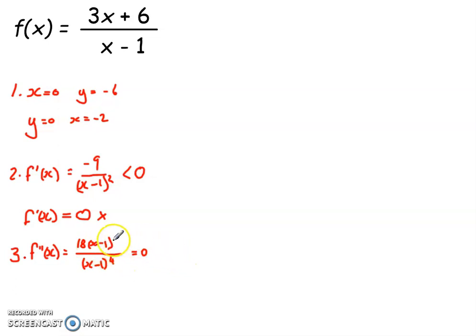If we set that equal to 0, the top line has to be equal to 0, so x is equal to 1. But same logic as I showed you previously: if x is 1, the bottom is 0, so I'm dividing by 0. So there are no points of inflection, and I can rule that out straight away from my curve.